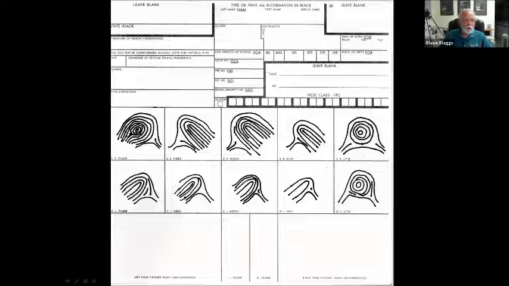Now, when you look at a fingerprint card, notice that the top row here, those are all the right hand. It's probably hard to see, and I've got other illustrations that we'll come to that will be a little easier to see, but it's labeled. In this box down here, it says number 1. So we call that finger 1, even though it's a thumb: right thumb.